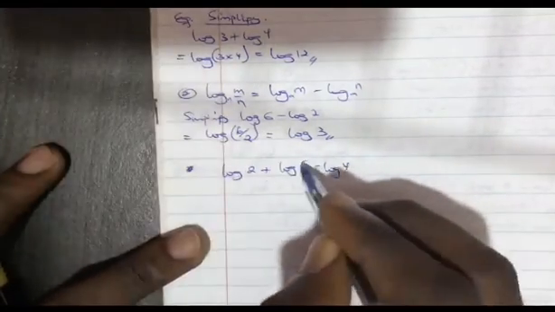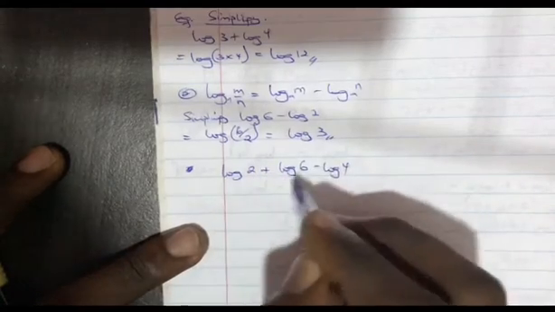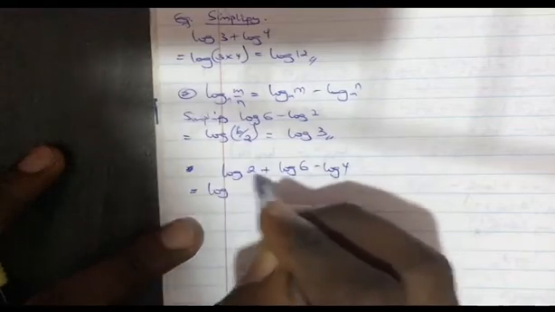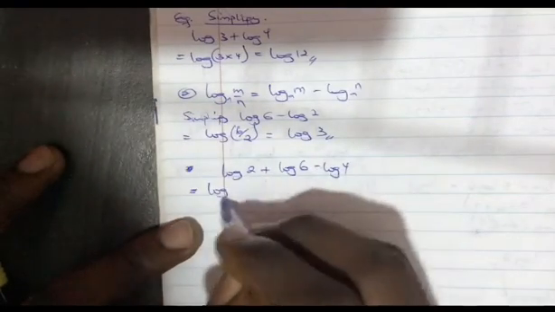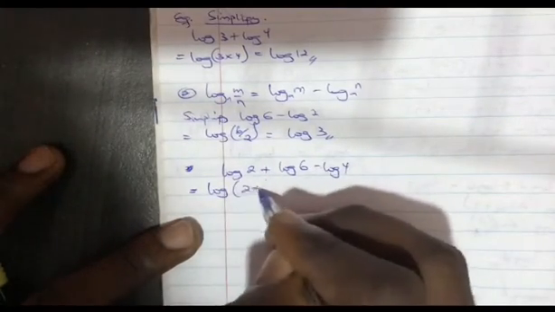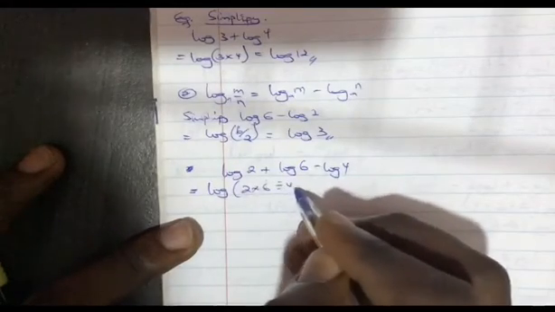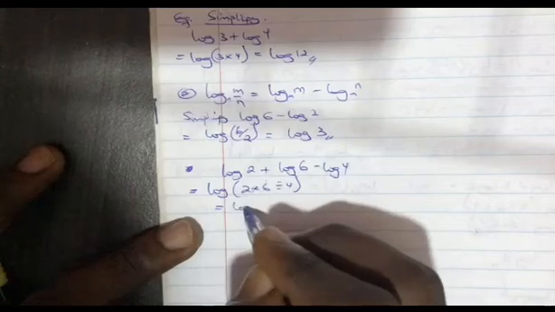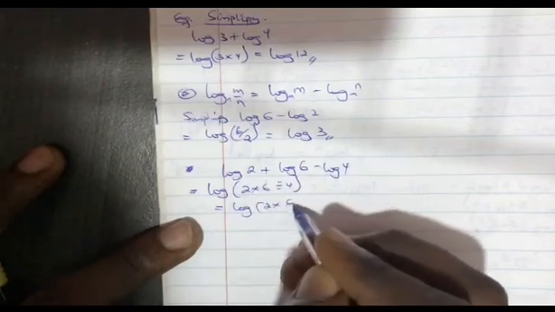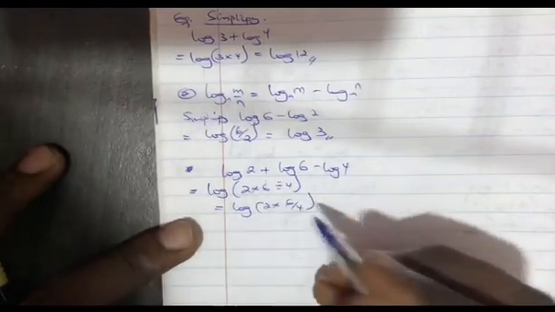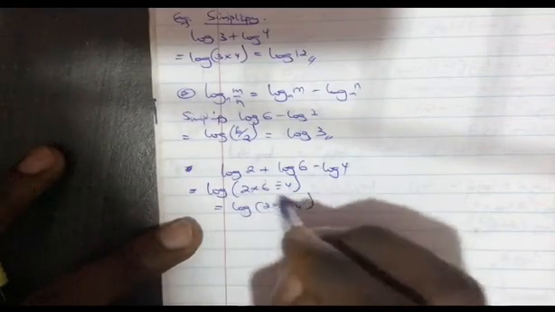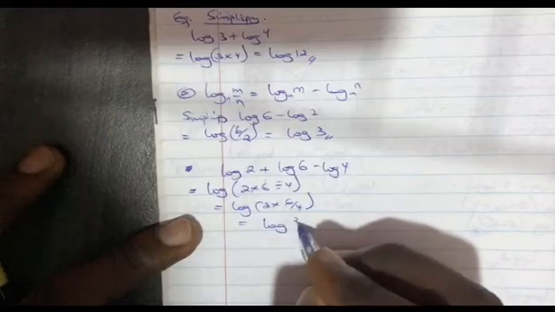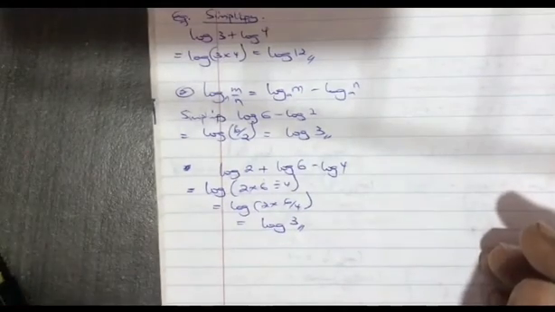So this is division, this is multiplication. Because they are all in the same base, we can express it as log of 2 times 6 divided by 4 all to the base 10. When you simplify this, you're going to get log of 3 as your final answer.